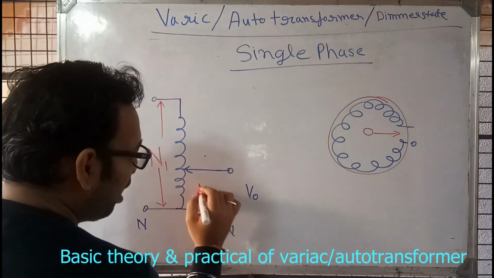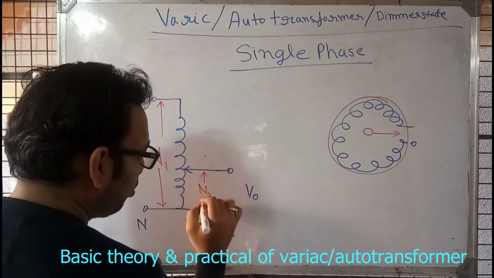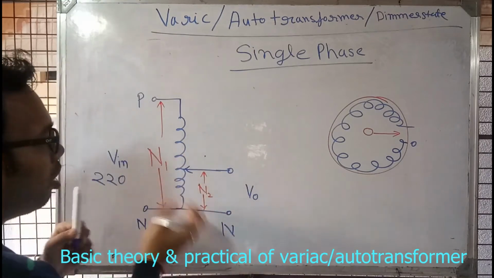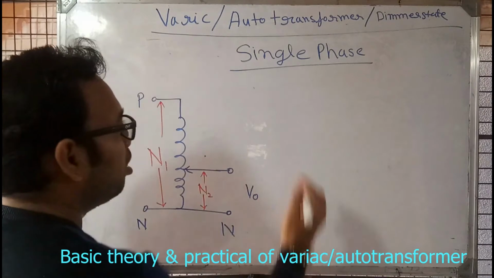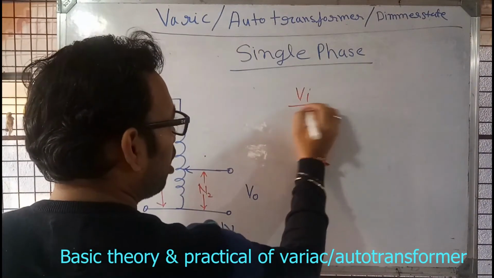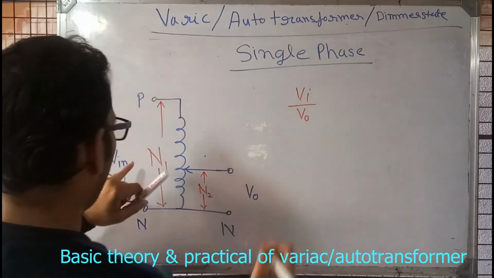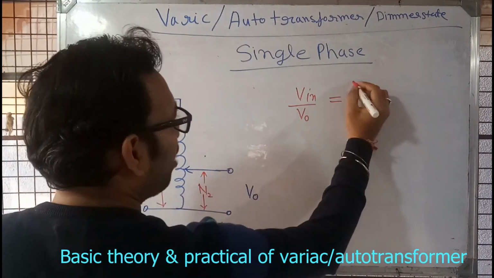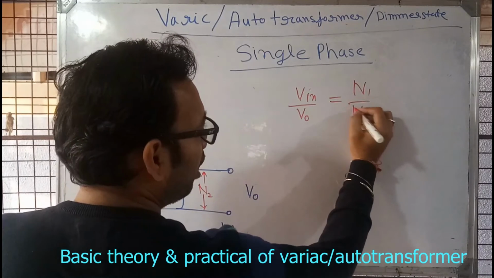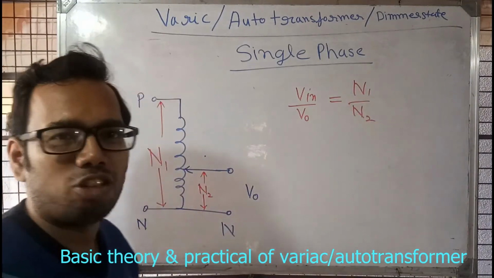So this is my N2 terminal. So as per the transformer ratio, V1 or V in upon V0 is equal to N1 upon N2. That is the basic transformer equation.